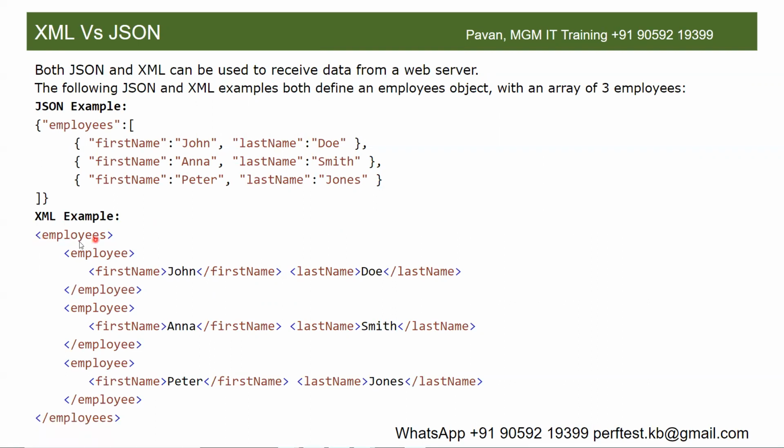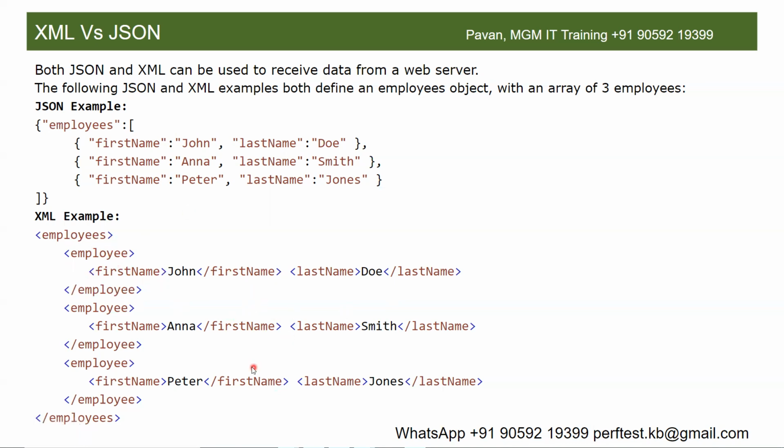This is the starting tag of employees. Inside employees, there is another opening tag called employee. Inside that you have the employee's first name. This is the opening tag, this is the closing tag. This is how XML code looks when 2 applications are using XML for data transfer between each other. Understood, guys? So the data length will be more in XML.